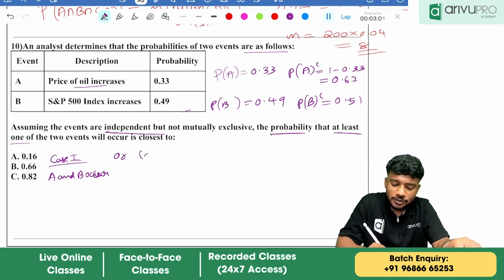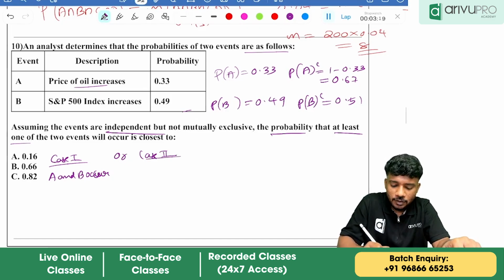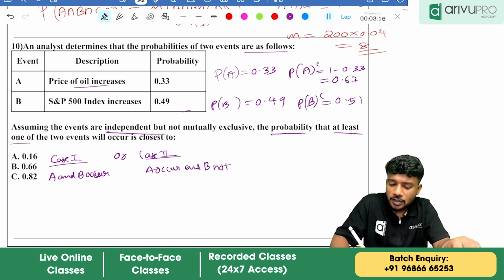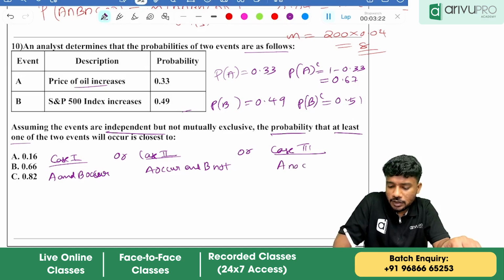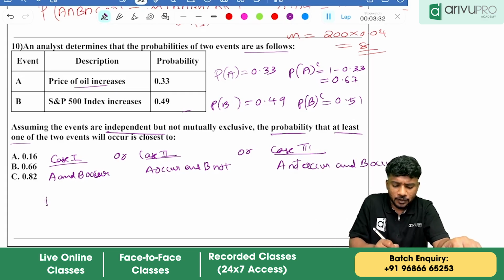Then case 2: A occurs and B does not. Or case 3: A does not occur and B occurs.